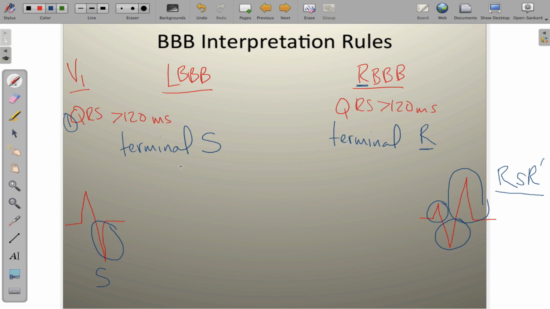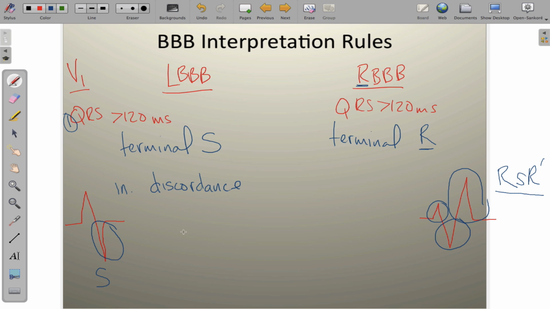All right, so the next thing we have to look at for left bundle branch block specifically, in addition to a QRS that's greater than 120 milliseconds and a terminal S wave in the QRS complex, is this pattern of inappropriate discordance. And I'll explain what that means.